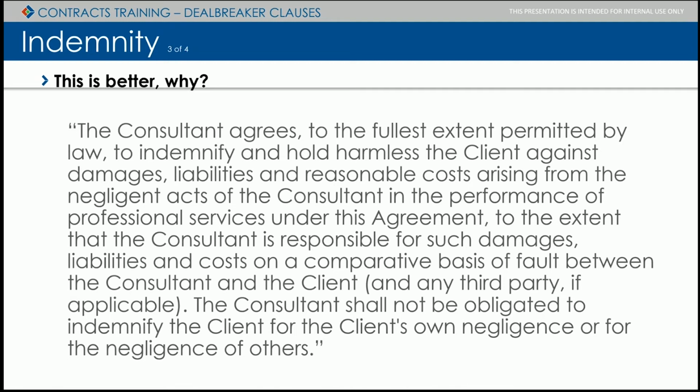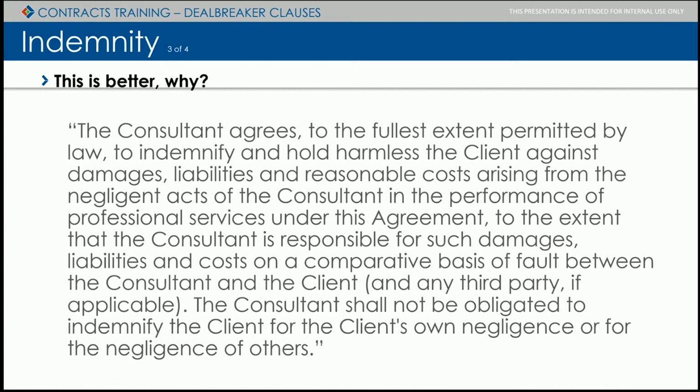And I think that's pretty self-evident. So slide 14 here is an example of what I call a commercially reasonable indemnity clause. We back up, stand behind our work. We'll make you whole if we screw things up, but we're not going to go beyond that and take on liability that we shouldn't. So that's the gist of that slide and this example.